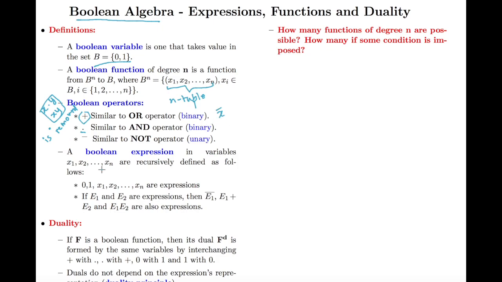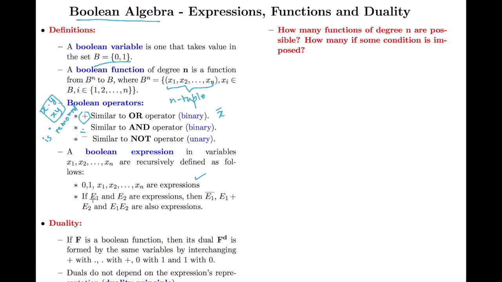Okay, a Boolean expression in variables x1 to xn is recursively defined as follows. First of all, 0, 1, x1, x2 up to xn are expressions. And then if any of these is an expression, then its complement is an expression, and the sum of them is an expression, and the product of them is an expression.